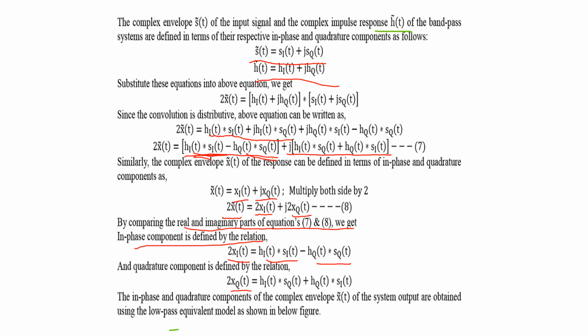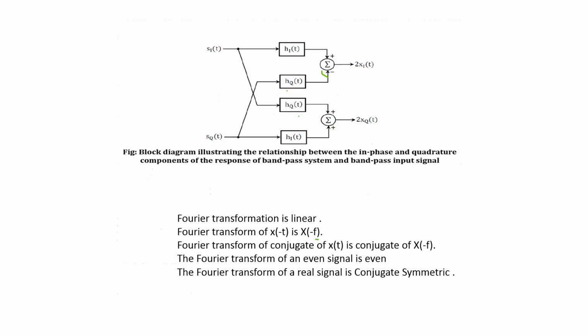Similarly, 2 into xq of t is equal to hi of t convolved with sq of t plus hq of t convolved with si of t. So now we have extracted the in phase and quadrature components of the complex envelope h tilde of t of the system. Outputs are obtained by using the low pass equivalent model as shown in the figure. This is the extraction of signals with respect to the low pass signal.